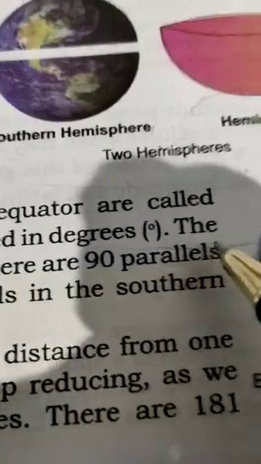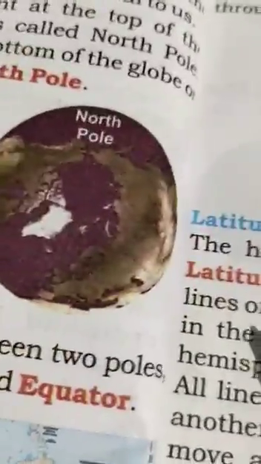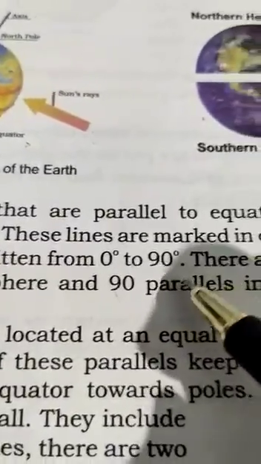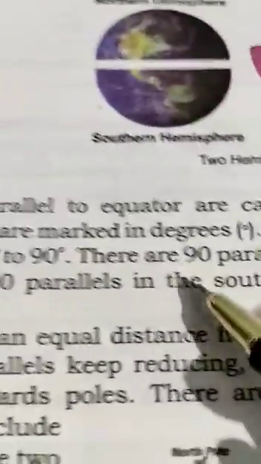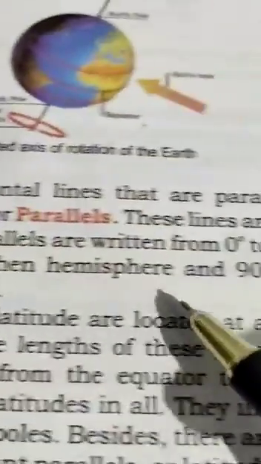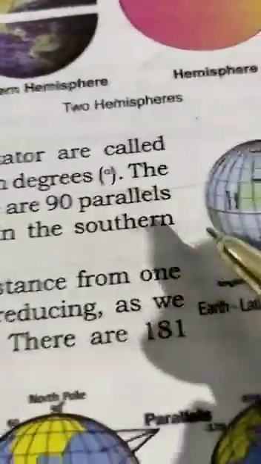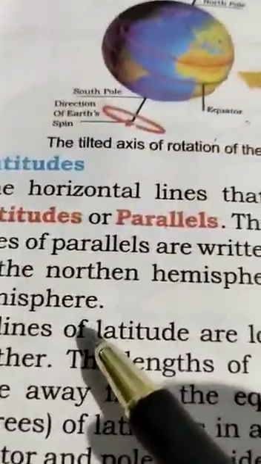The parallels are written from 0 degree to 90 degree. There are 90 parallels in the northern hemisphere and 90 parallels in the southern hemisphere.